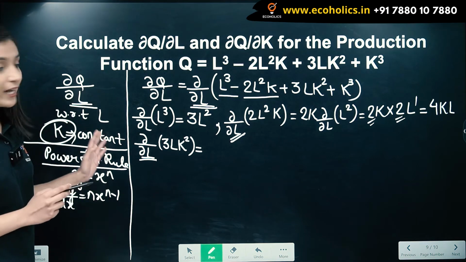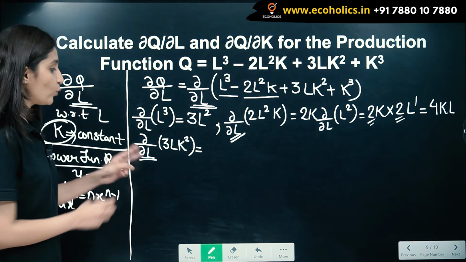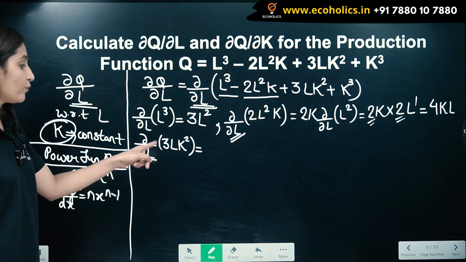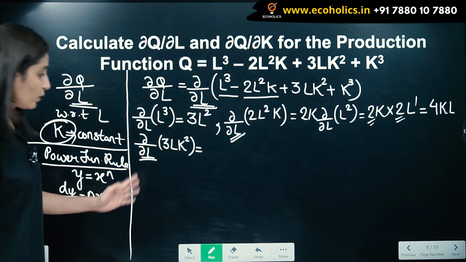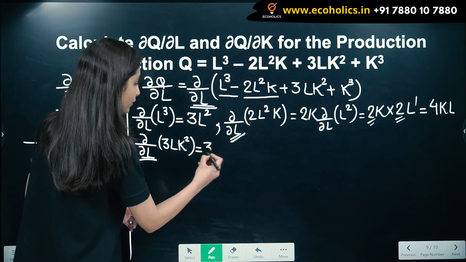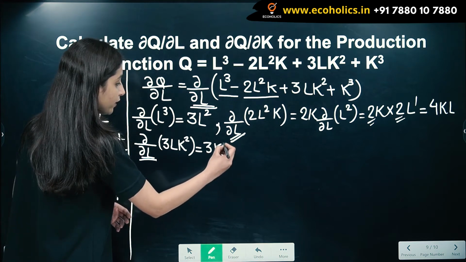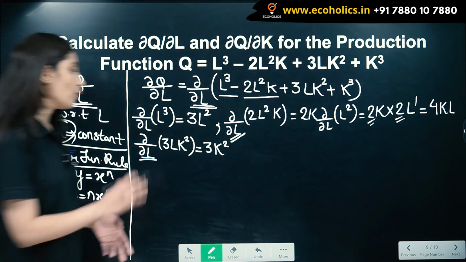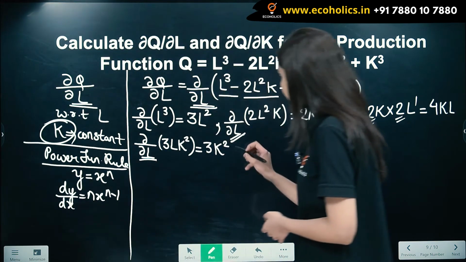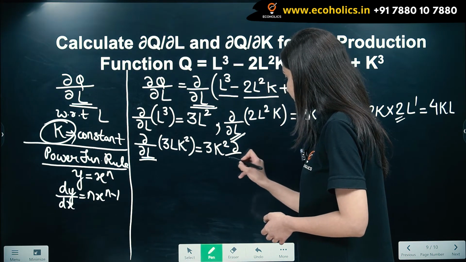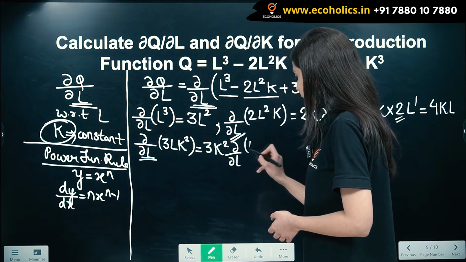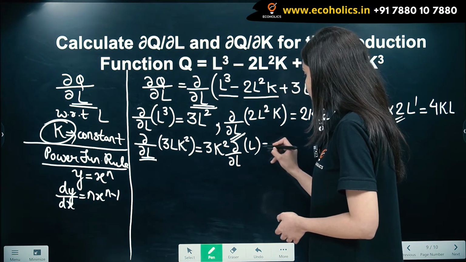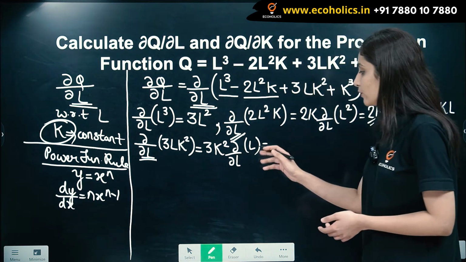Therefore, we have two constants in this case, 3 and k², both constant. So we have 3k² into the differentiation of L.